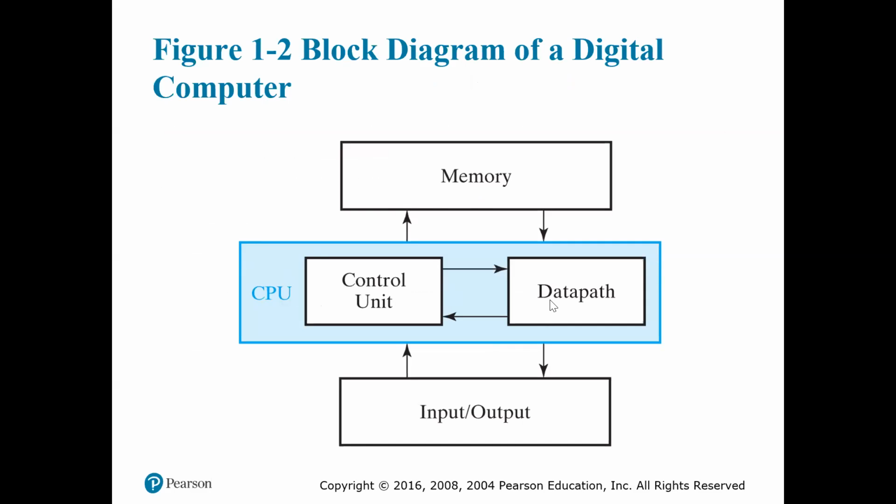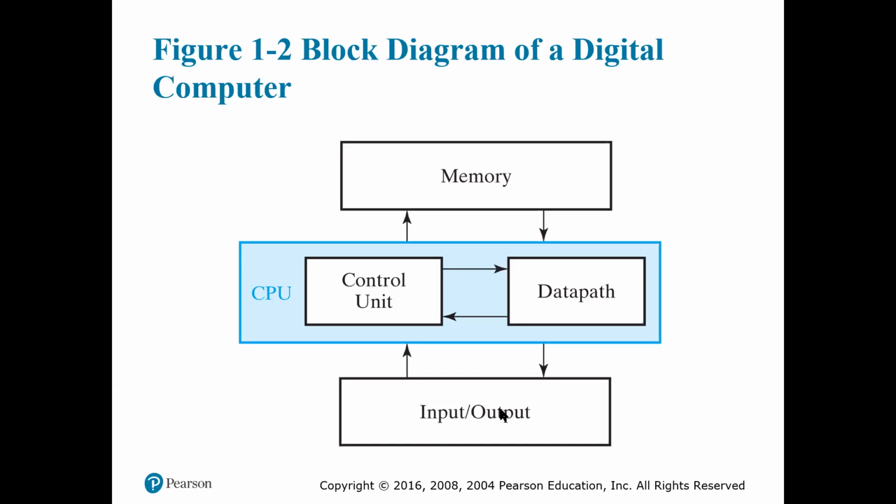The data path is typically called an arithmetic logic unit, and these two units, the CU and the data path, are on a CPU, and FPU, MMU. These are all things that we will be discussing. Memory is typically a term used for RAM, but in this case, we are also using it for registers, cache, and RAM.